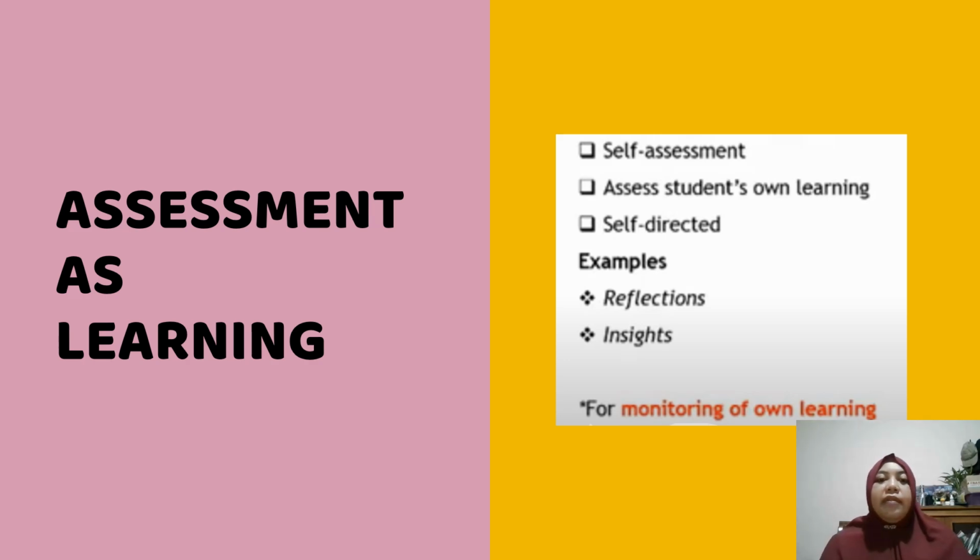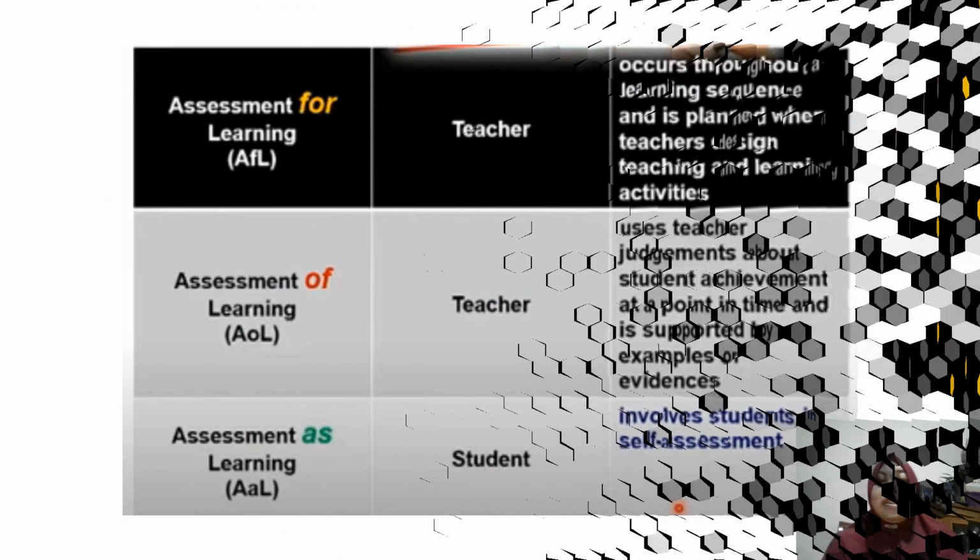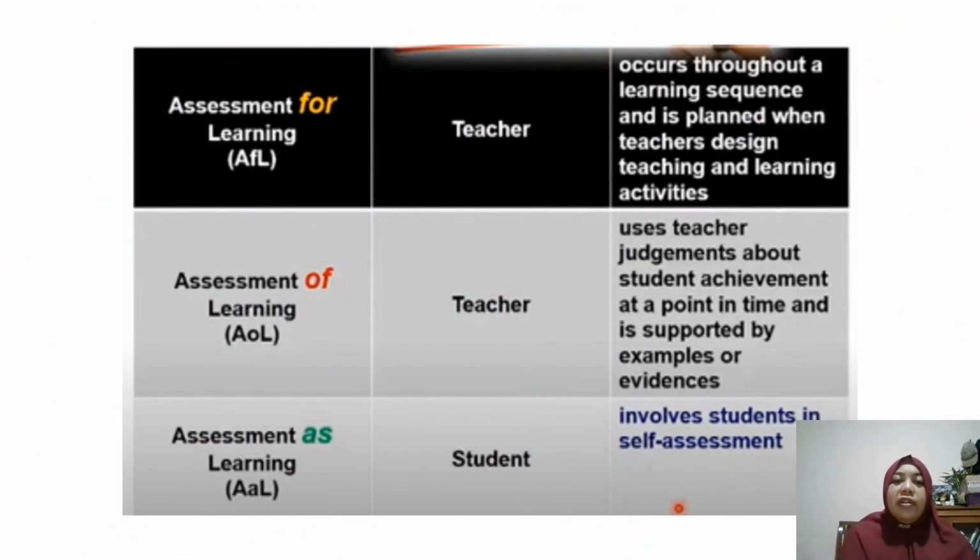As the conclusion, let's check this table. Assessment for learning, or AFL, the subject is the teacher. It's a core throughout a learning sequence and is planned when teachers design teaching and learning activities.